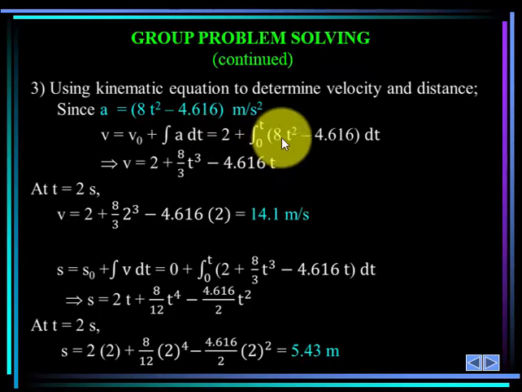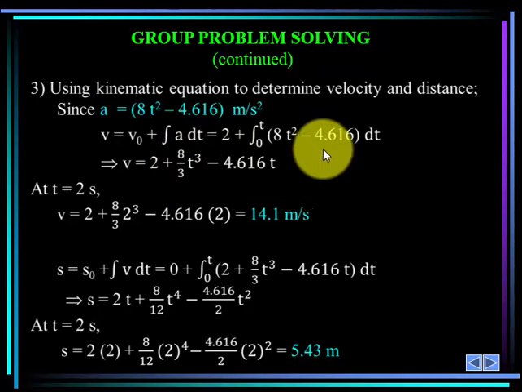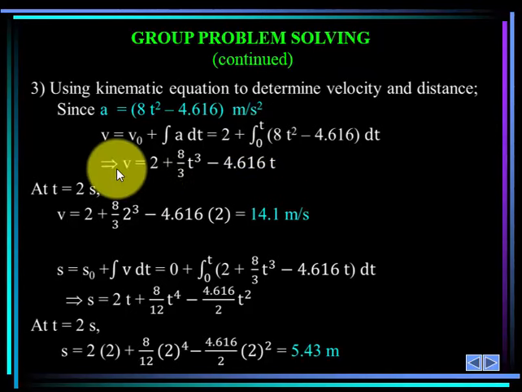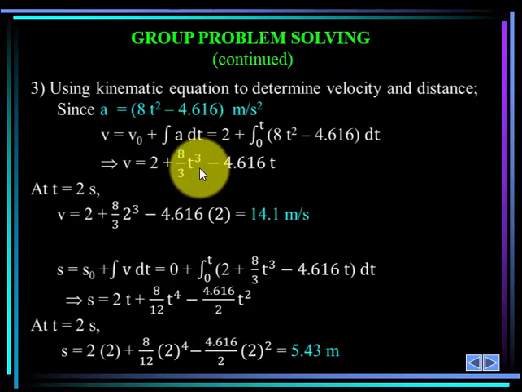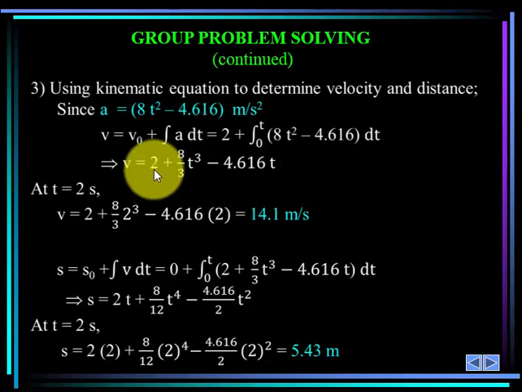The integral of a dt between 0 and any general time t is going to be a t cubed term, so an 8t cubed over 3 term, and a 4.616 times time, both evaluated between the lower limit of 0 and the upper limit of t. It says that our velocity is 2 plus 8/3 t cubed minus 4.616 times t. Notice when t equals 0, these terms go away and our initial velocity is 2.